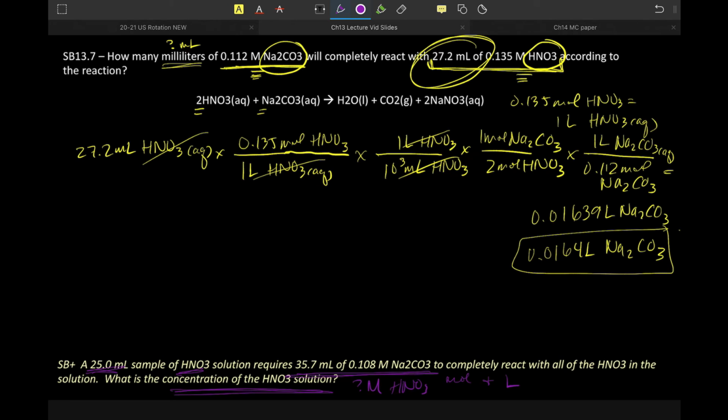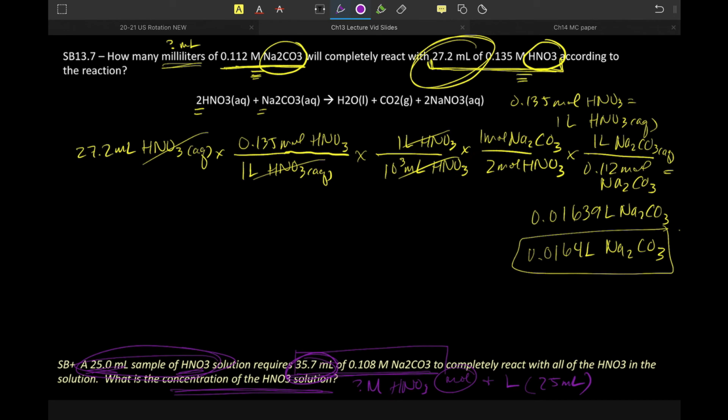I already know the volume of that HNO3 solution, 25 milliliters, so I just need to figure out the moles. I can do that using this information because, again, molarity is a conversion factor. This is going to be my given.